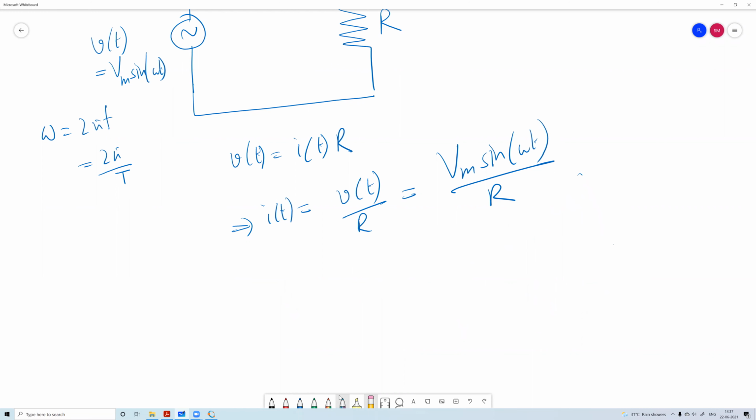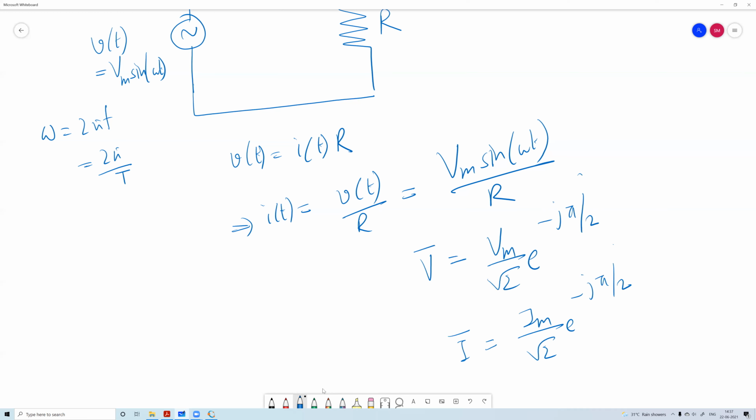What will be the V phasor? V phasor will be Vm by root 2 e to the power of minus j pi by 2, and I phasor will be Im by root 2 e to the power of minus j pi by 2.